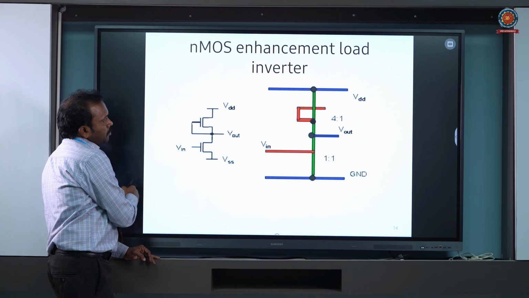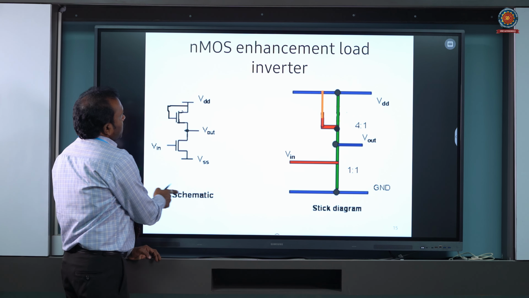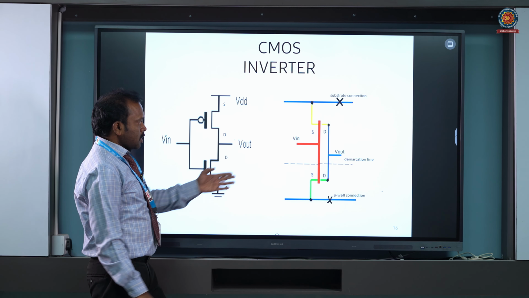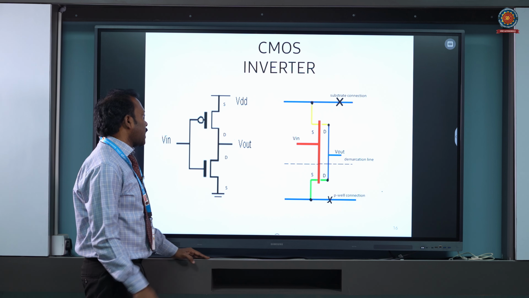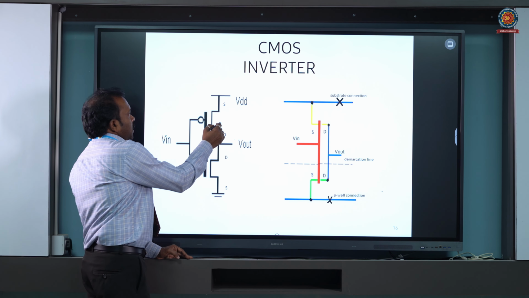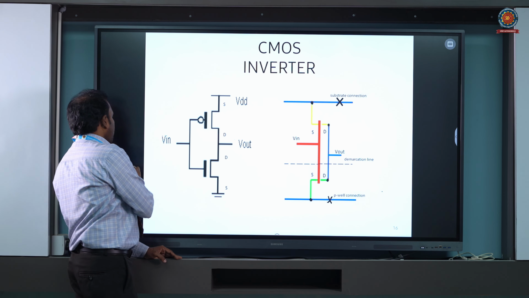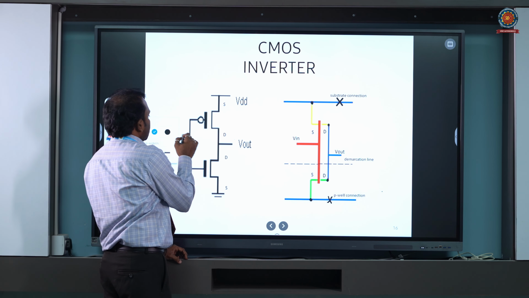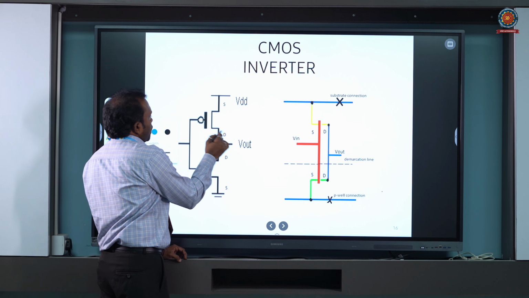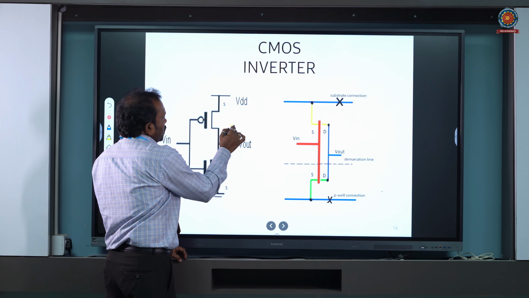Now this is the CMOS inverter, which we have just drawn. There are other ways of drawing the diagram; we can draw it in any manner. Now here we have an NMOS transistor as well as a PMOS transistor. This is your NMOS transistor, this is the PMOS transistor.